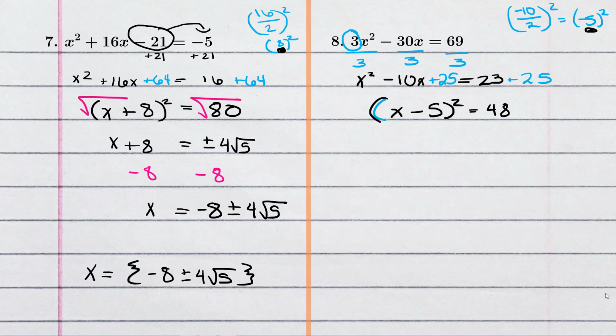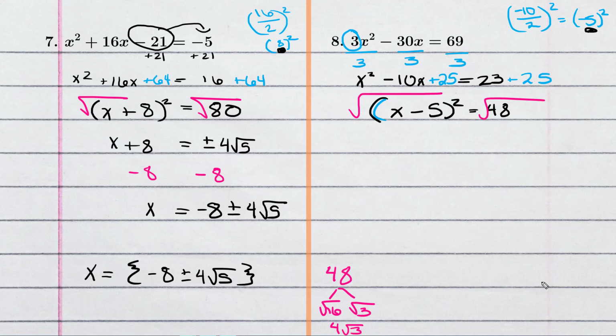So now I need to look inside of 48. If I look inside of 48, are there any perfect squares that live inside? And so you have the square root of 16 times the square root of 3. And so 4 square roots of 3 is what that was simplified to when we take the square root of both sides.